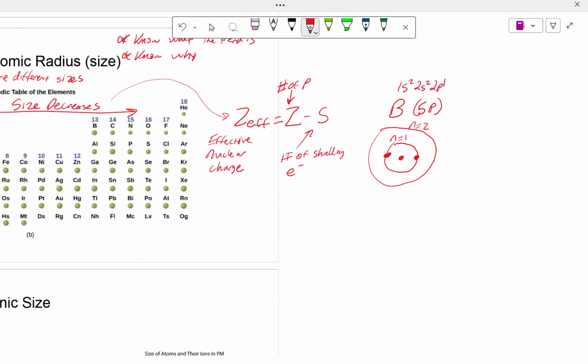I have 3 electrons in n equals 2, so I'm going to put those there. So the effective nuclear charge has 5 protons. And the number of shielding electrons are how many electrons are between this level and the nucleus. So there's 2 between n equals 2 and the nucleus. So the effective nuclear charge is +3.